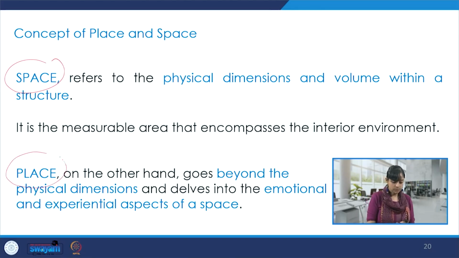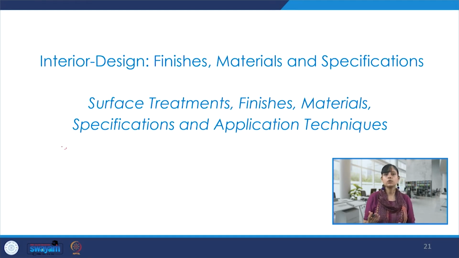When we talk about place, that on the other hand goes beyond the physical dimensions. It also delves into emotional and experiential aspects of a space. So we talked about these two concepts, and it's very important when we talk about interior architecture projects that we understand also the idea of place, particularization, personalization, all of that.